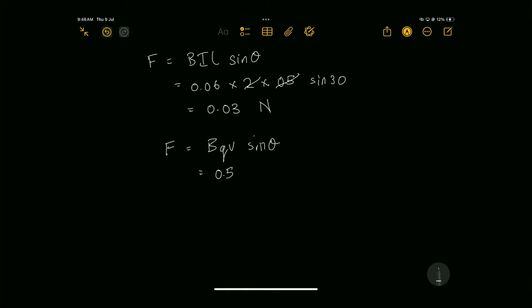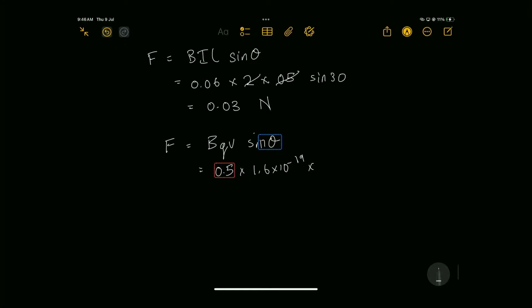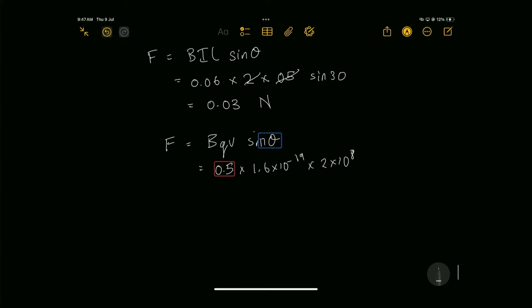The electric charge is 1.6 by 10 to the minus 19, basically the charge on the electron. The velocity is 2 by 10 to the 8 meters per second, right? And they did not give us the angle, so we assume that theta is equal to 90 degrees.